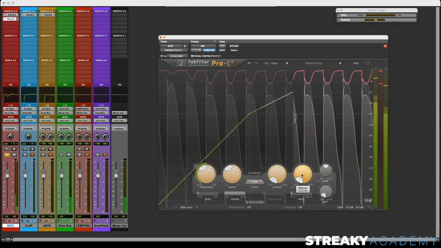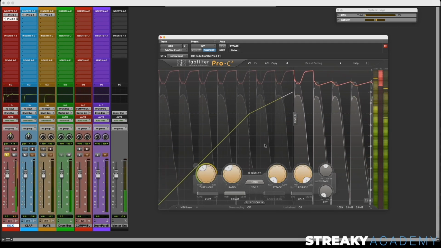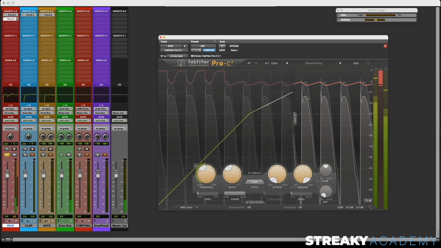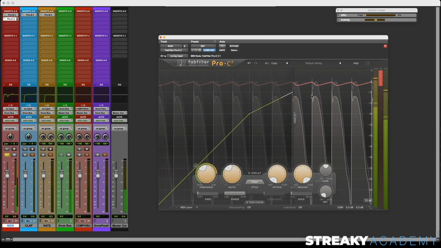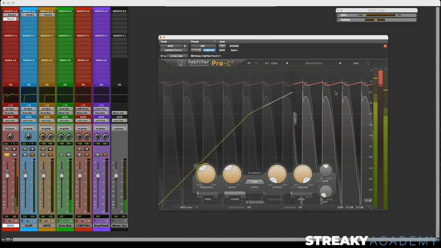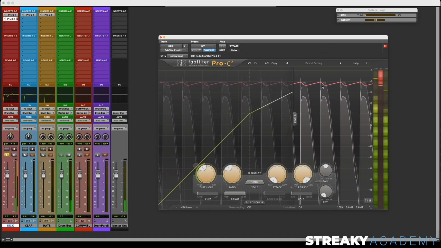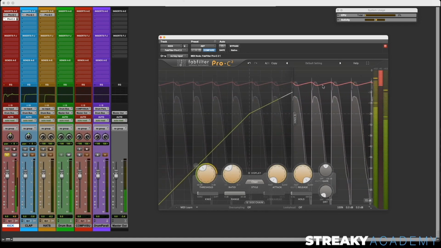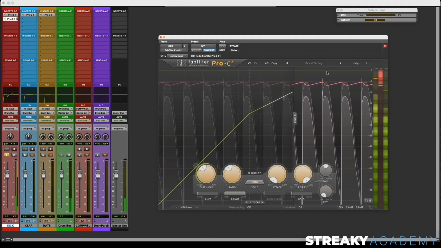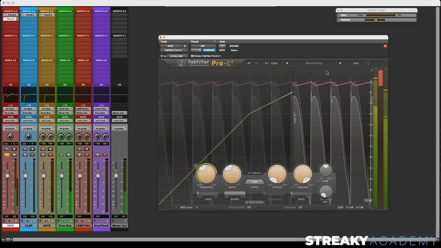A fast attack and slow release gives you this characteristic. What this is basically doing is as soon as that transient breaches the threshold, it holds onto it, but then it makes sure that it doesn't have enough time to release back in order to make it sound snappy.